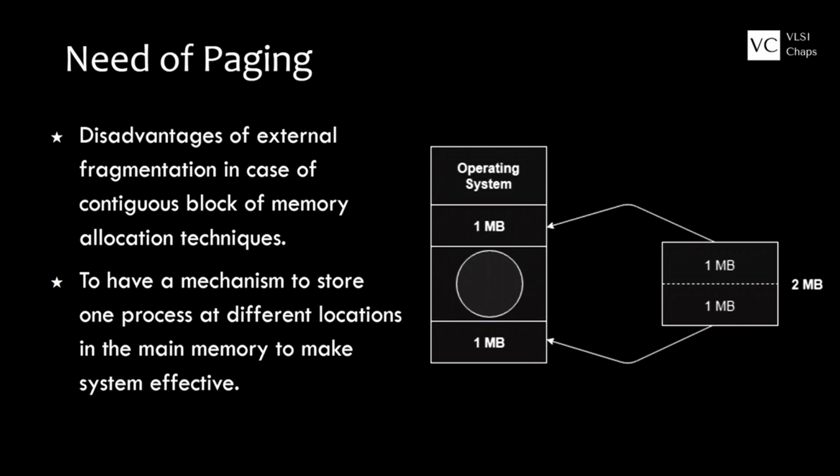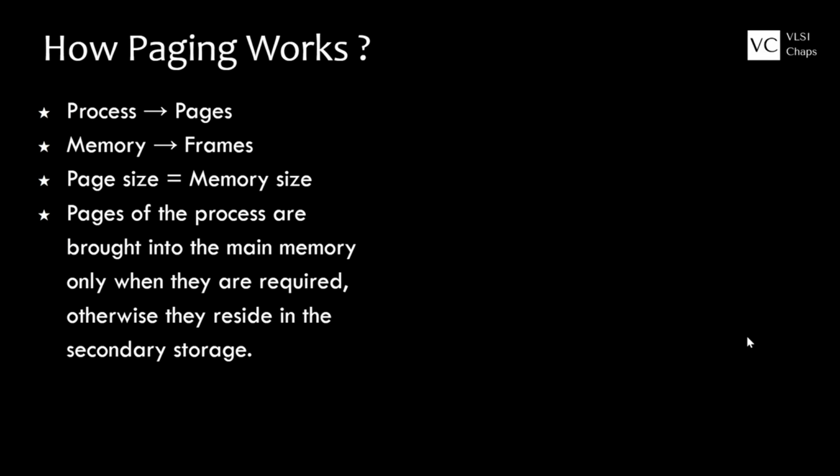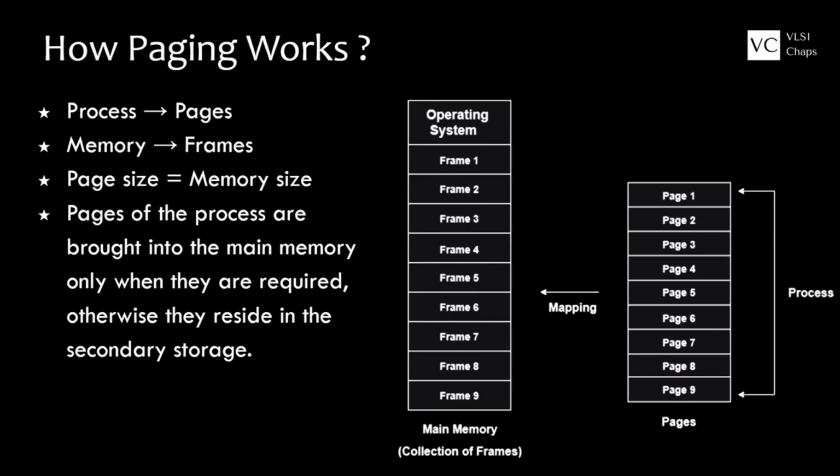So now let's understand a few terminologies with respect to the paging technique. We saw that we need to divide a process into various parts and fragments to have optimized utilization of the CPU.